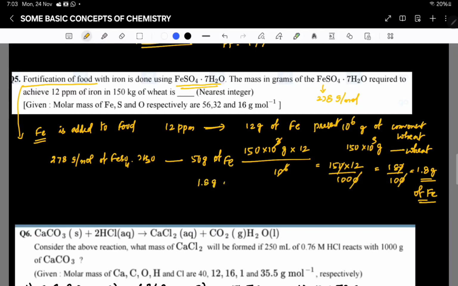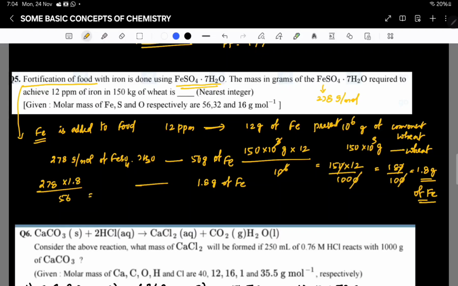So 1.8 grams of iron contains what mass? How much? Same unitary method, student: 278 into 1.8, divided by 56.